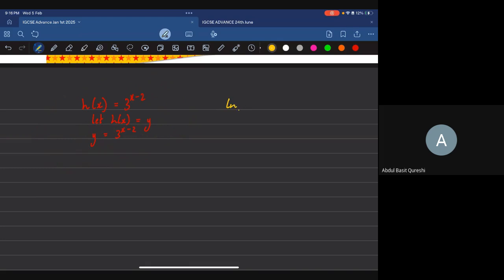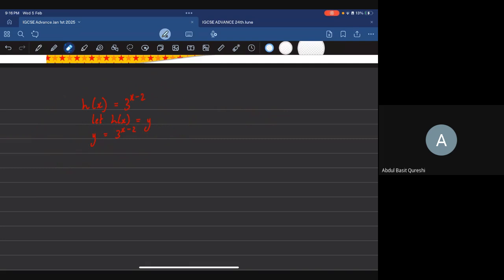Like log of base 4 and answer 16 is equal to 2. What does this mean, Basit? 4 was the base, 16 was the answer. Which power were you using on 4? Clear?